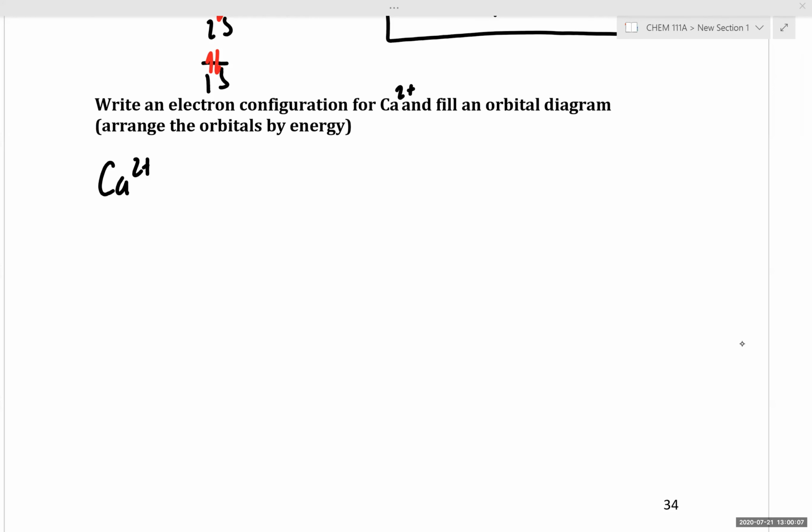And don't be shy to message in the chat your proposed responses and proposed electron configurations for the following ion, which is calcium 2+.